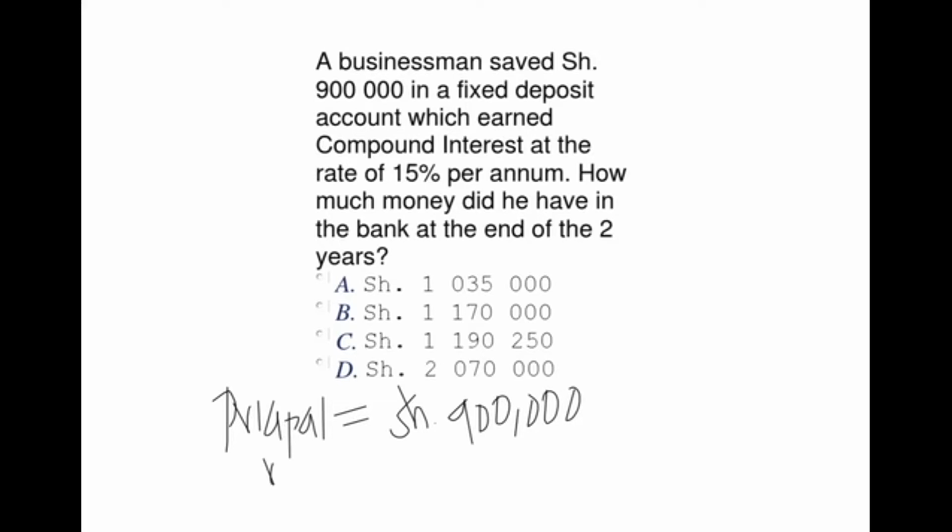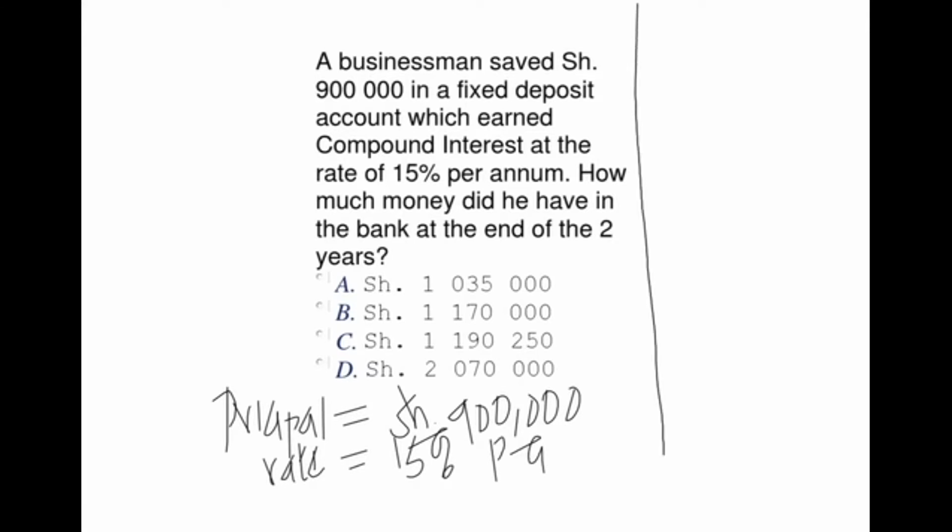We have the rate, which is 15% per annum. Time is 2 years. So compound interest is given by PRT, that is principal times rate times time over 100.